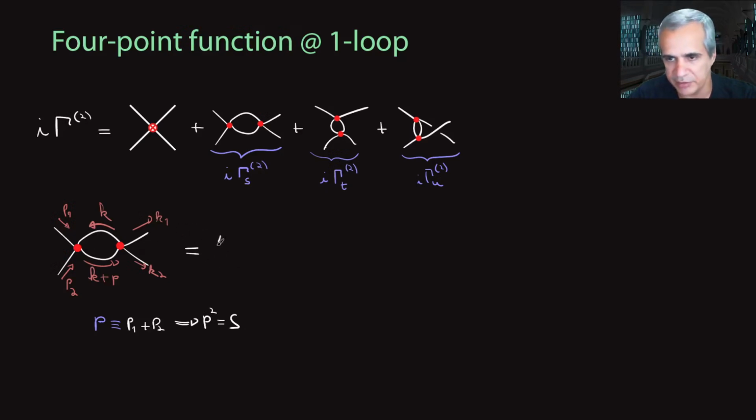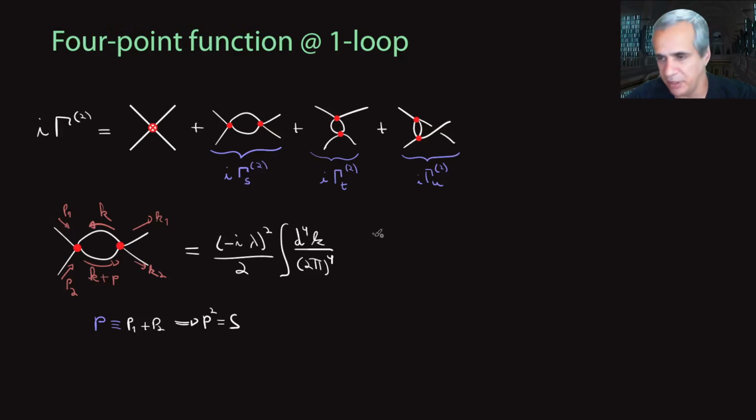So I have two vertices. This is minus i lambda squared. I have a symmetry factor here. I have an integral over the loop momentum, d^4k over 2 pi to the fourth. And then these two propagators. One with k going over there and one with k plus p over here.